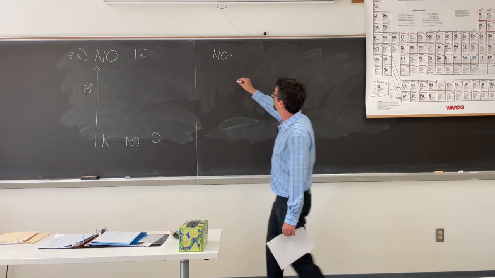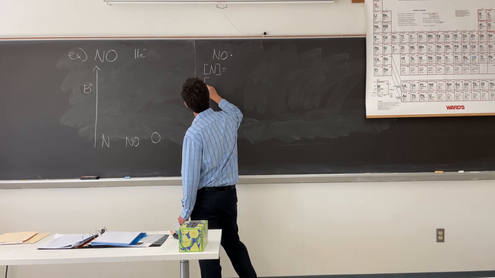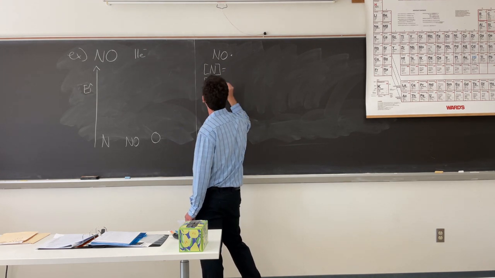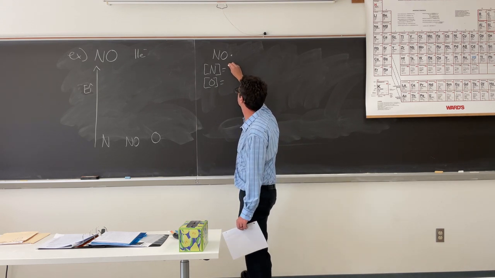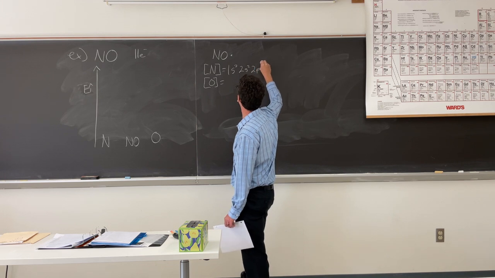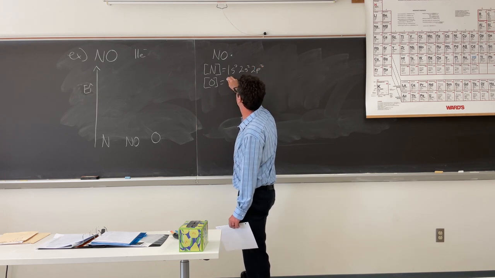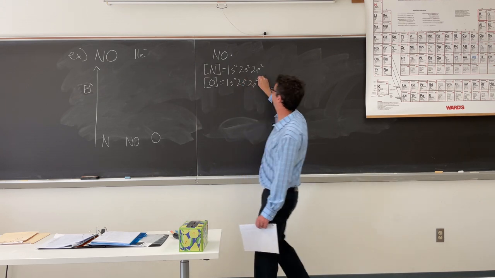Okay, we need the electron configurations for nitrogen and oxygen since we got two different systems. In this case, nitrogen, ramble off the full electron configuration. Oxygen. I like the race to the finish.